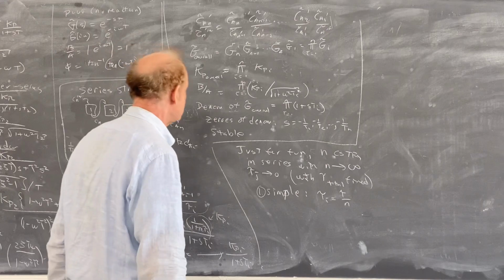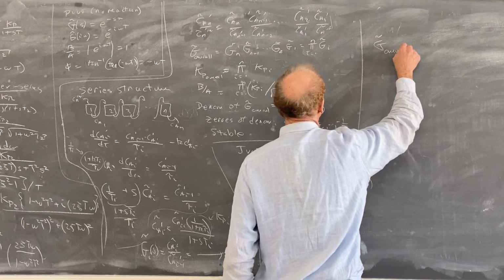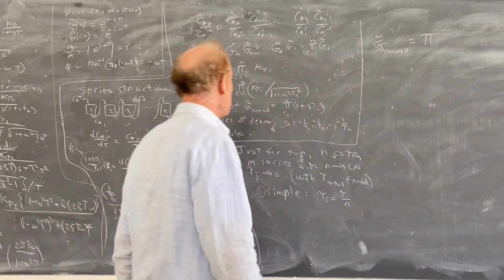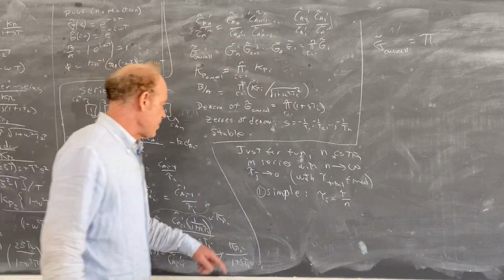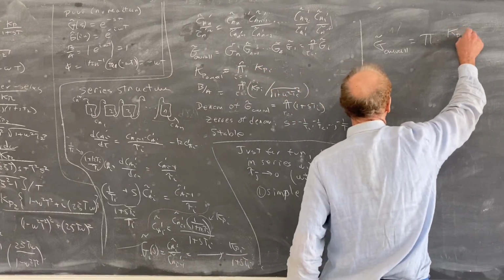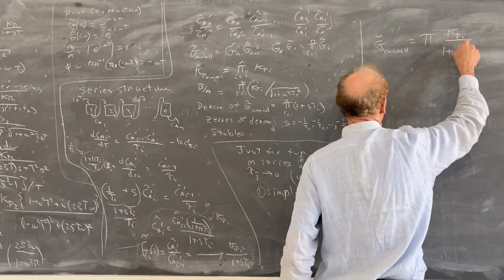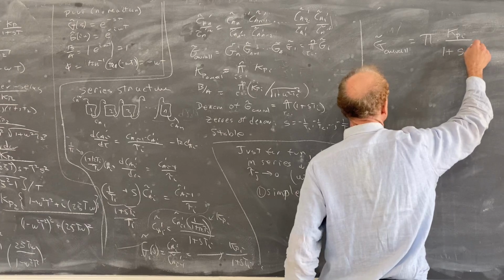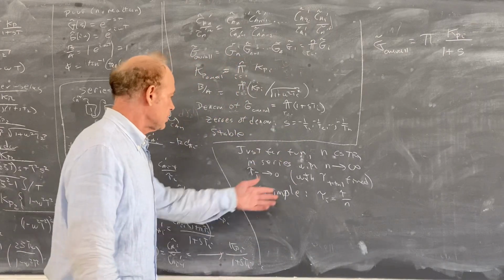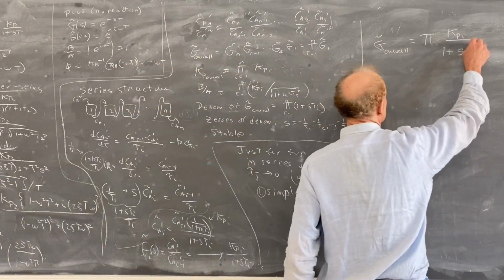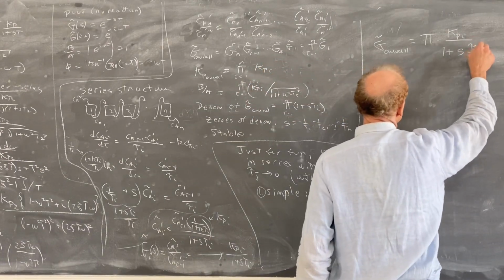So G tilde overall is the product of each of the Gi's, and each of the Gi's is KPi over 1 plus S tau i, where tau i is just tau over n.